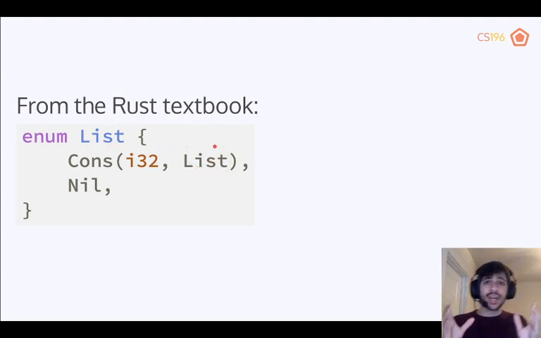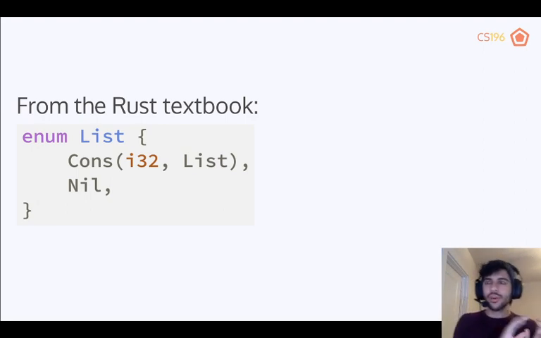So at compile time, Rust will look at this and say, okay, a list takes some amount of memory, and the reason why is because inside of the list type, we have another list type which takes some amount of memory. And we keep on going and going because it never resolves. We have no idea how big a list is because we're using a list inside of the list.